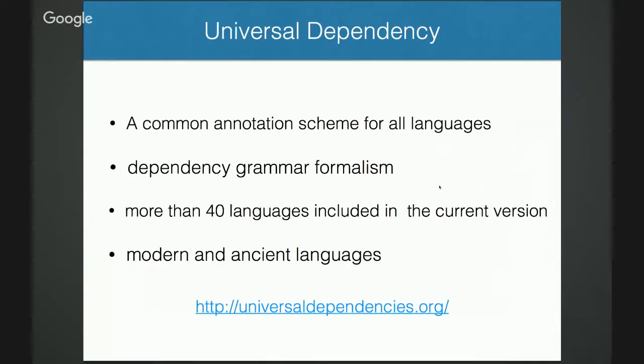So if you are, for example, looking for some data for a specific language, both modern and ancient languages, you can go on the website of Universal Dependencies and see if you can find something, because you are very likely to find your language and data on which you can work.